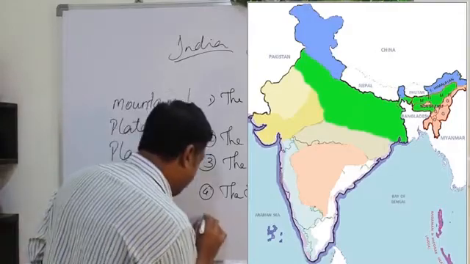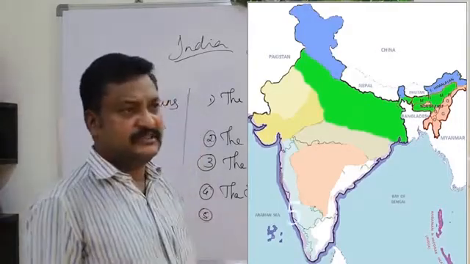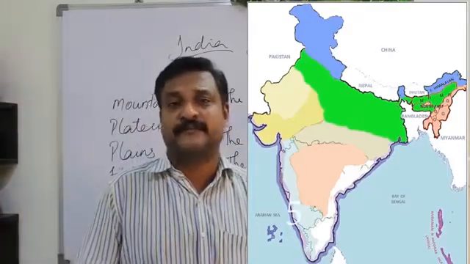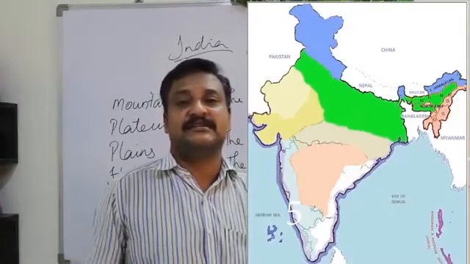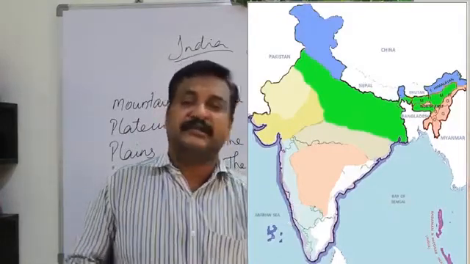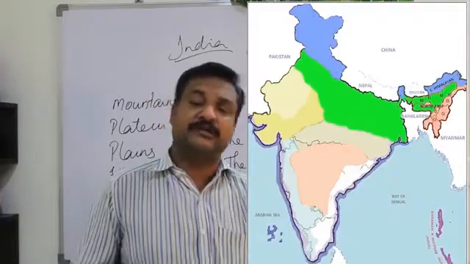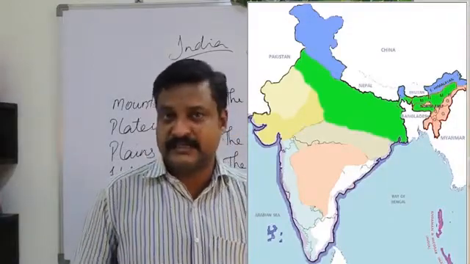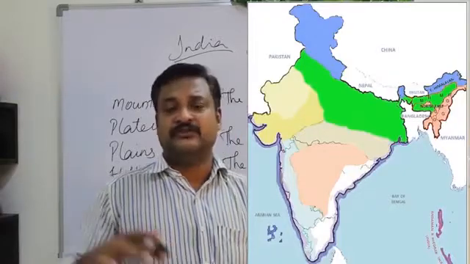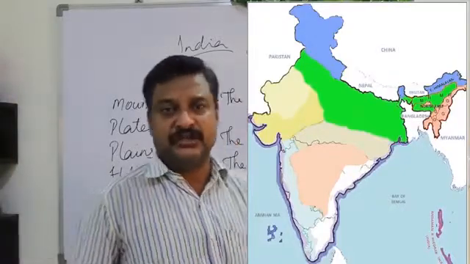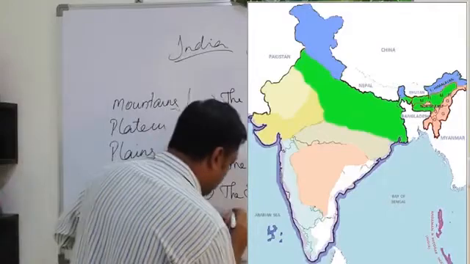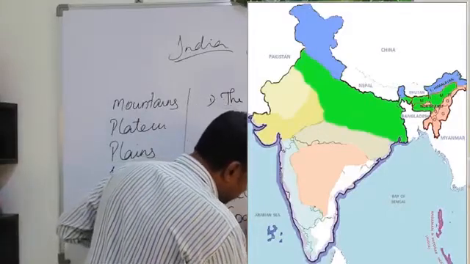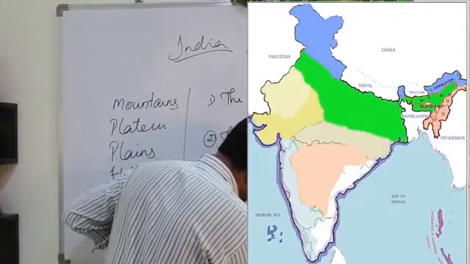Now, the fifth one is, we saw when we checked the boundaries, on the eastern side we have the Bay of Bengal, in southern India we have the Indian Ocean, and in the west we have the Arabian Sea, isn't it? So all these three, the two seas and the ocean, actually give us a very long coastal plain.